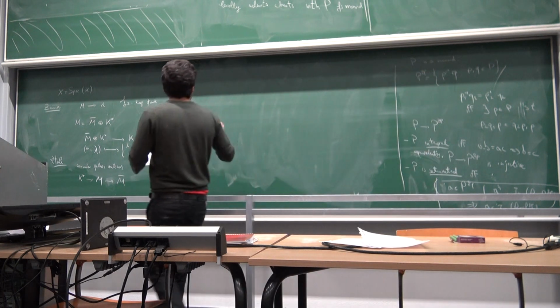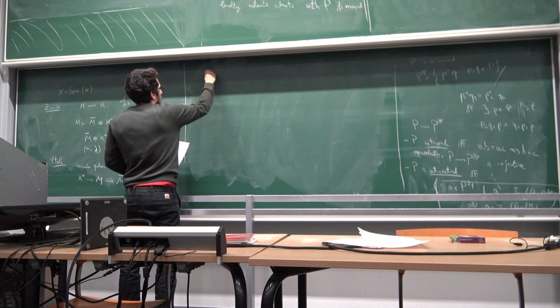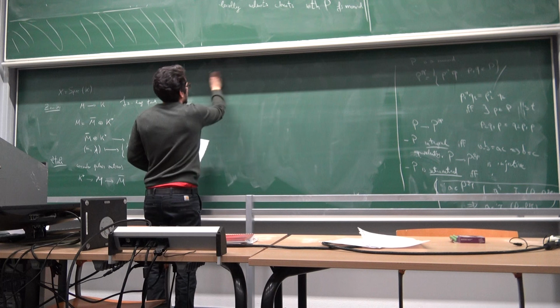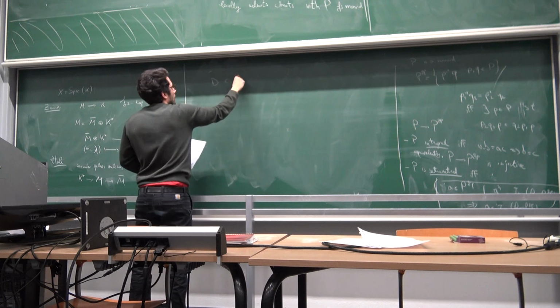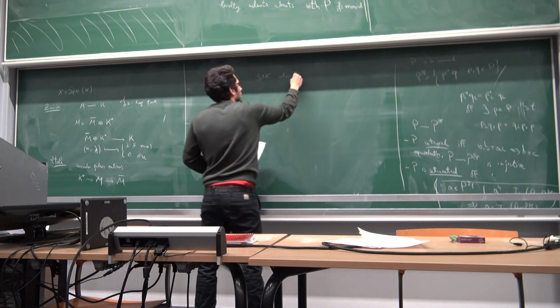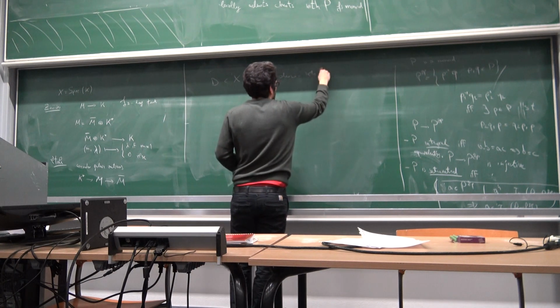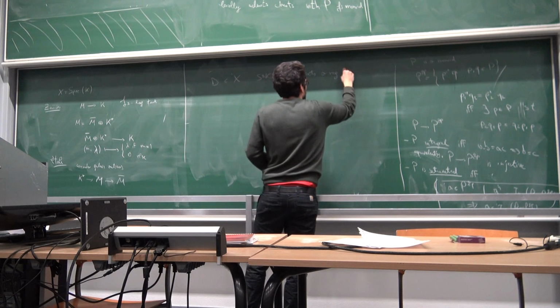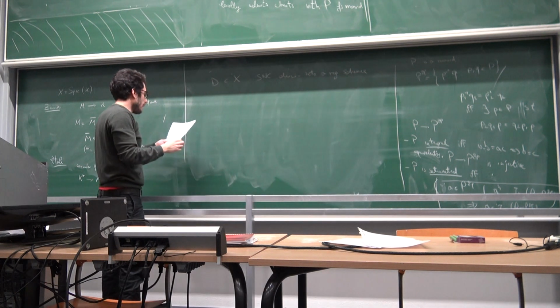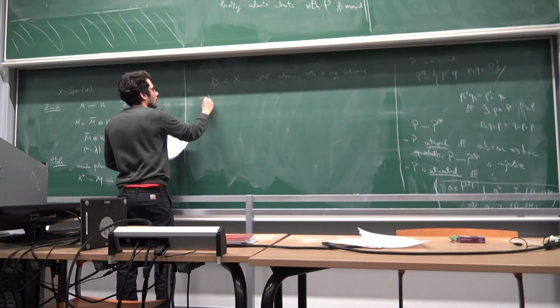Another example: let's say D is a strict normal crossing divisor in a regular scheme. This gives rise to an FS log structure.